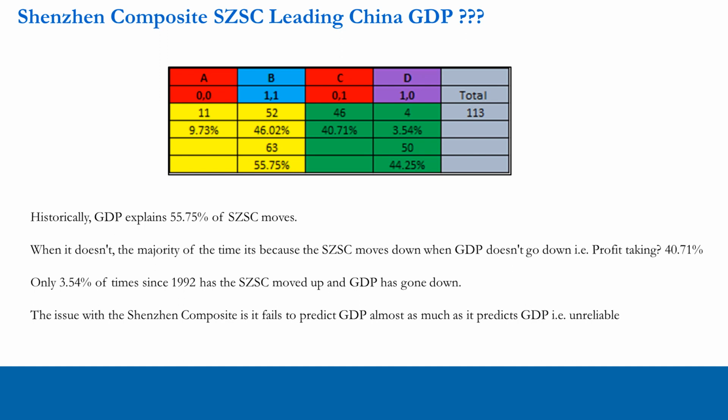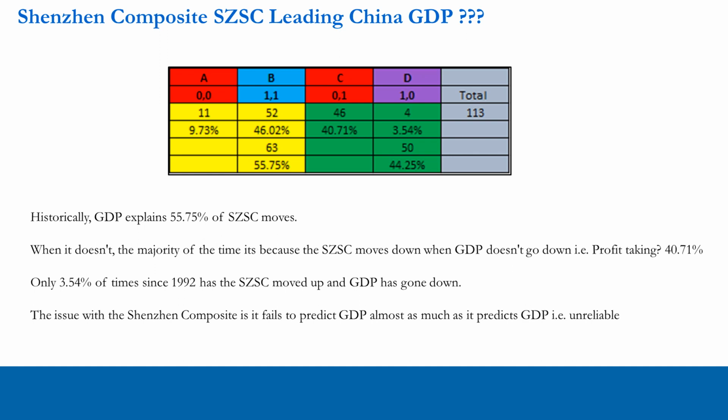And when it doesn't, the majority of the time, it's because the index moves down when GDP doesn't. So when they don't move in the same direction, it's in the vast majority of cases that the Shenzhen Composite moves down when GDP doesn't.